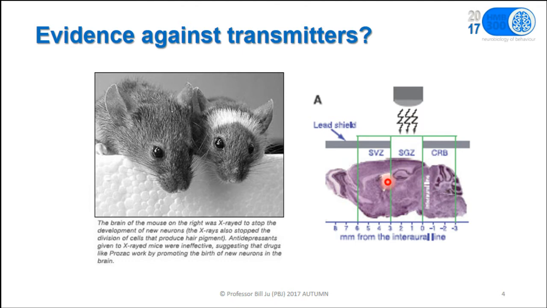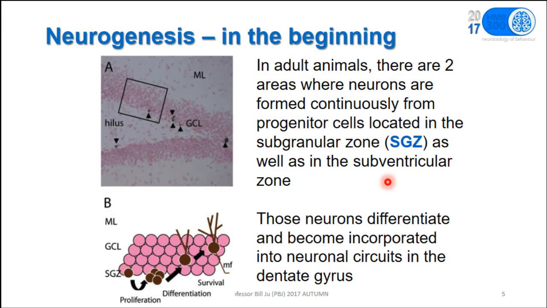And this hippocampus is actually important because one area of the hippocampus is known as the dentate gyrus. And this represents the dentate gyrus. One region of the dentate gyrus, which is part of the hippocampus, is known as the subgranular zone.